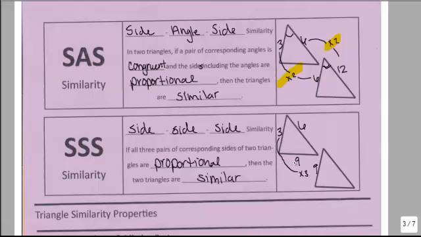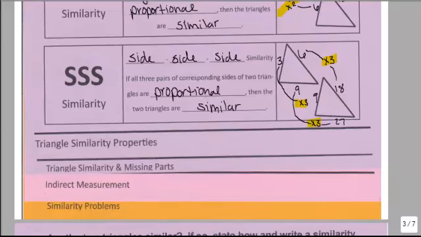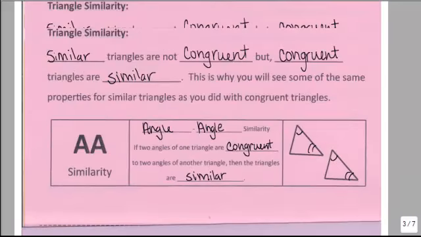You would also have to multiply all the other sides by 3. And 9 times 3 is 27. And 6 times 3 is 18. So look, all of these have to be multiplied by the exact same thing to get the corresponding side. And if they are, they're proportional, and then they are similar. And I think that's all you have to do today.